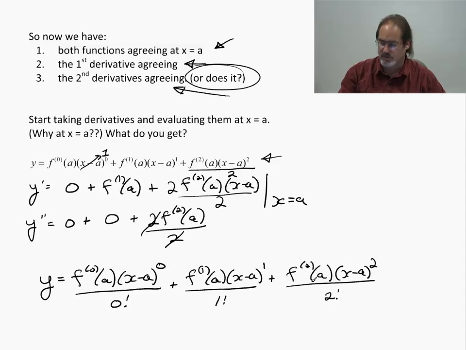Because when I start taking these derivatives, these exponents are going to come out, and they'll cancel with the factorial. So let's see if that will actually work if I go beyond this and end up with a third degree, fourth degree, fifth degree, whatever polynomial approximation. See how well that's actually going to work.